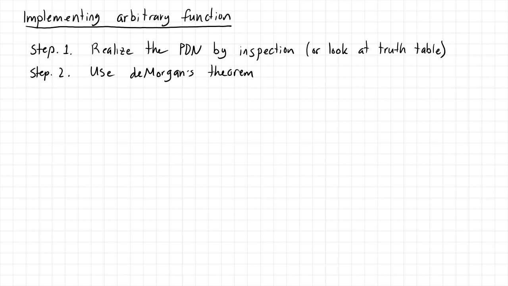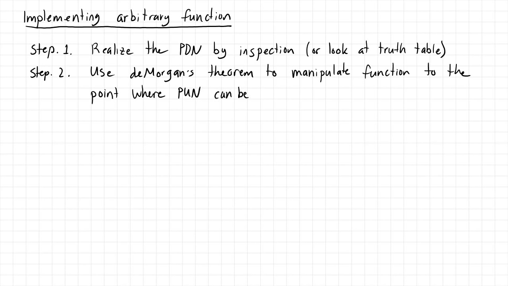Use De Morgan's theorem to manipulate the function to the point where the pull-up network can be implemented by inspection.